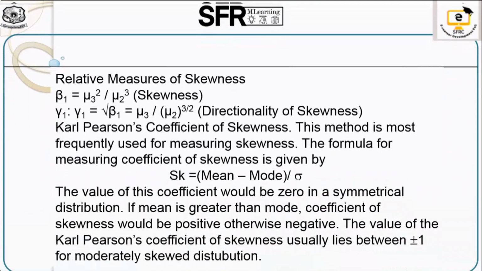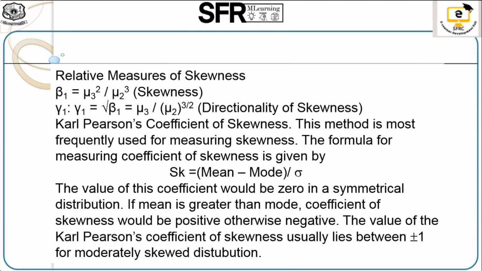Then we know about the relative measure of skewness. Here we get the relative measure of skewness in terms of beta 1. Beta 1 is known as the relative measure of skewness. It is measured using mu3 and mu2. The formula is mu3 squared divided by mu2 cubed.